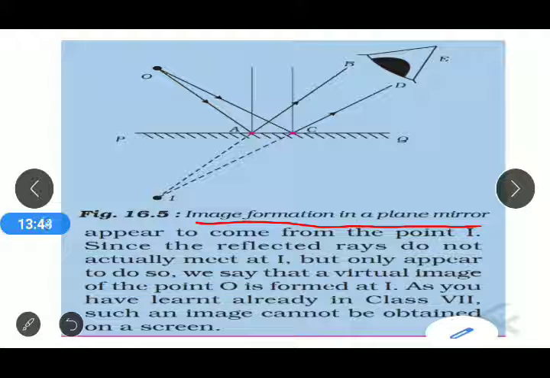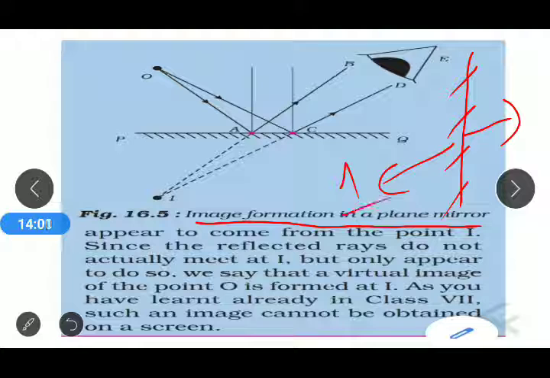For this, we can understand image formation by a plane mirror. We have already learned that the plane mirror is represented by a symbol like this. This is the symbol of a plane mirror. The oblique lines represent the unpolished part, and the plain line represents the front part. If we indicate by 1, the oblique lines are the unpolished part, and this is part 2, that is called the polished part.